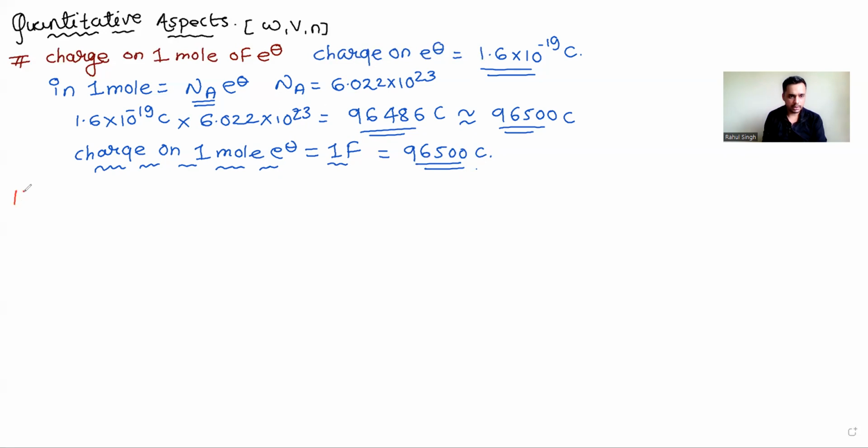Now we will again discuss Faraday's first law. Faraday's first law basically works on the basis of the flow of charge and the quantity deposited on an electrode.